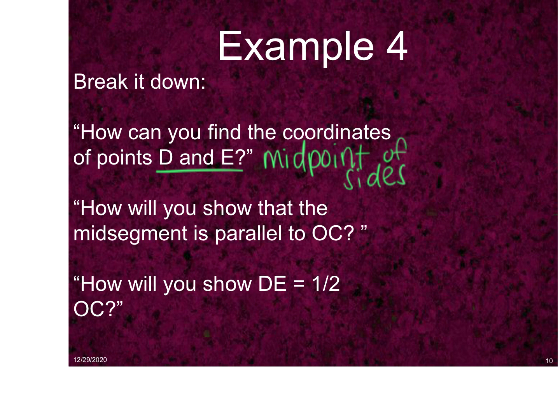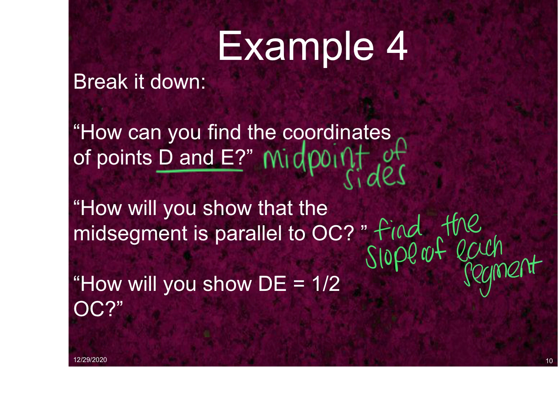You had to find the slope of each segment. And once we did that, we proved that they were equal to each other. And how will you show that DE is 1/2 of OC? We showed that by using the distance formula.